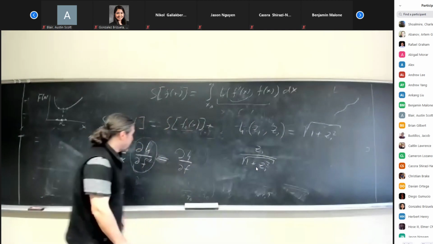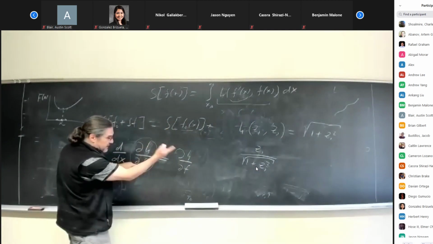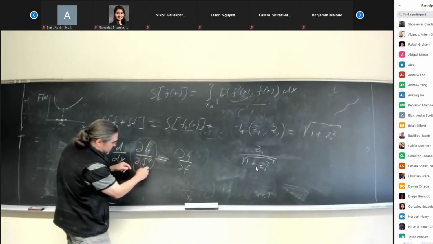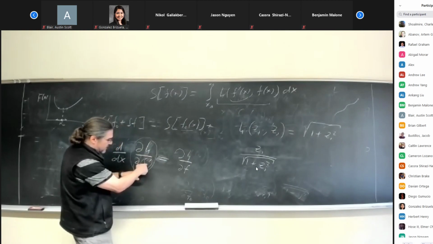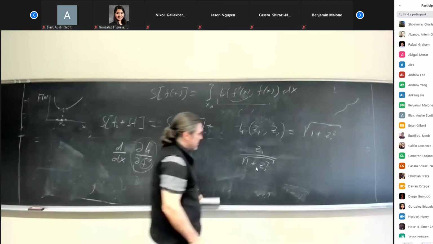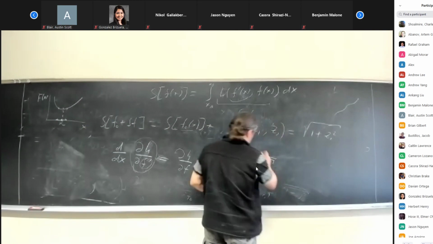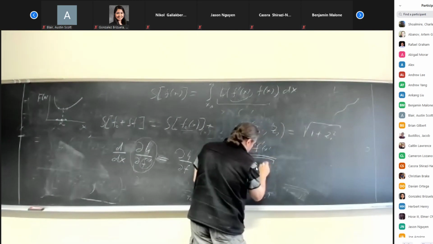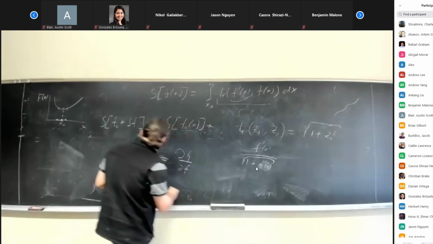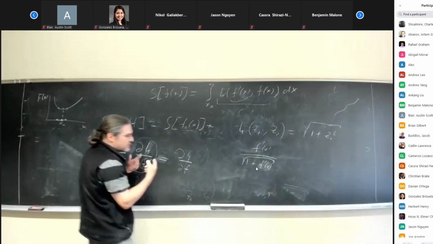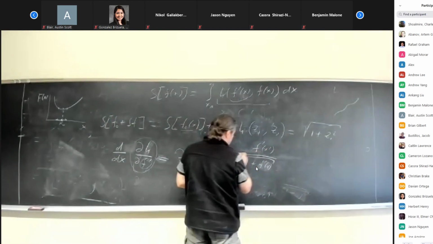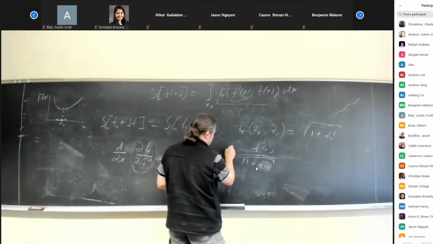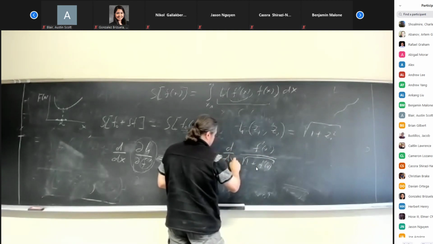Now, after I take this derivative with respect to the first argument, I need to put f prime in place of the first argument. So I do that: f prime of x here, and f prime of x here. So this is this part. Now I need to take the full derivative with respect to x, d over dx.